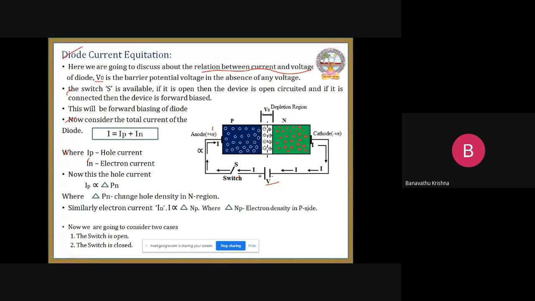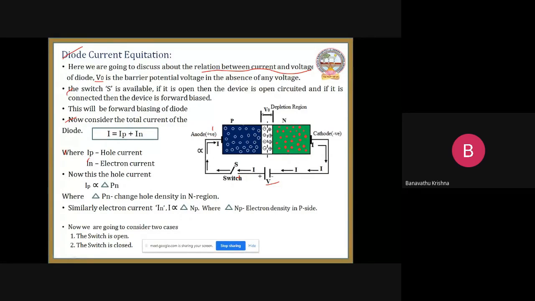So here the total current is I equals I_P plus I_N, where I_P is the hole current and I_N is the electron current. Now this is the hole current. Here I_P is directly proportional to delta P_N, where delta P_N is the hole density in the N region. Hole density means change in density of the holes.